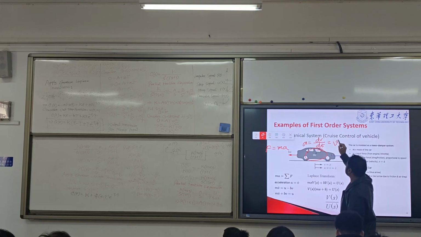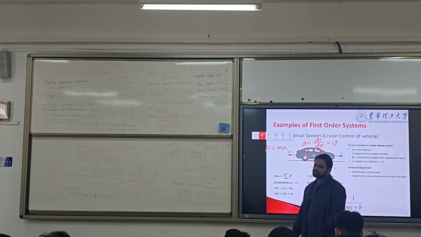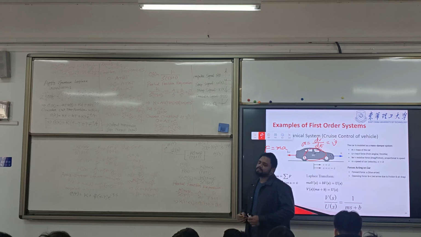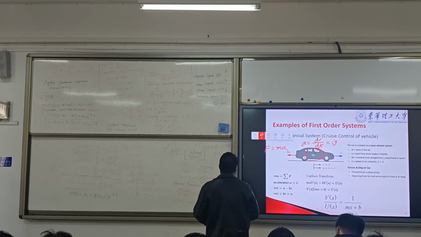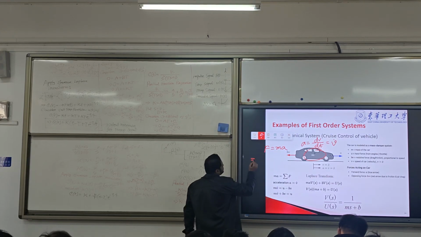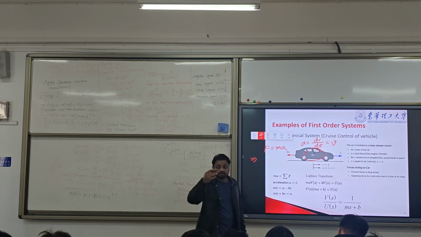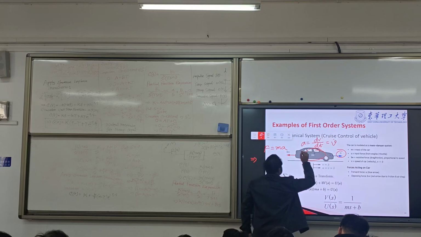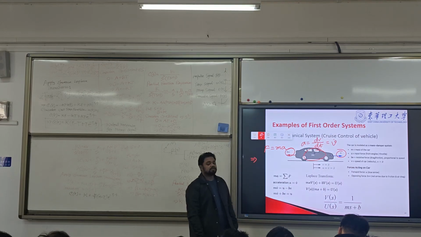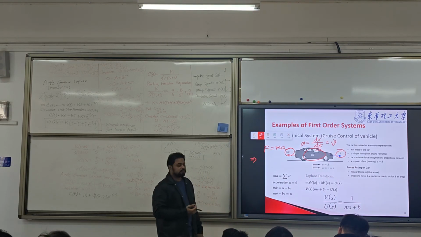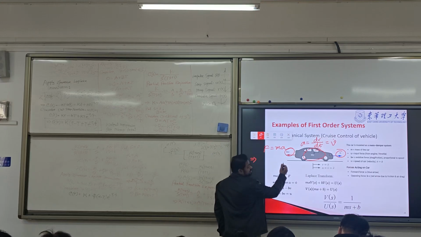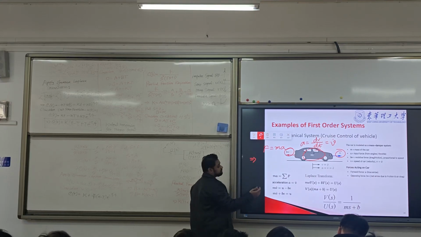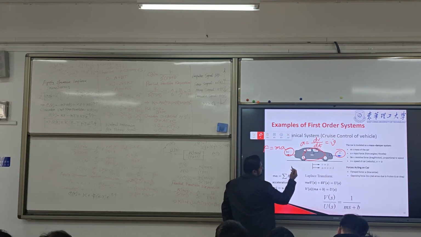So this one we can write as v dot. Now what is F? F is the input velocity u minus the opposing term, which is b v, the frictional constant, because of the plane there is friction.